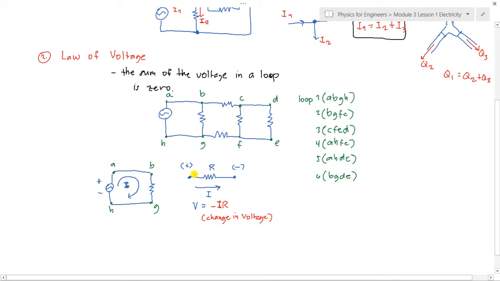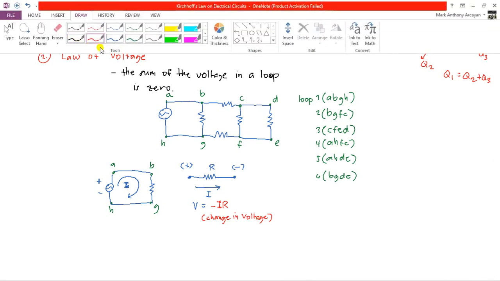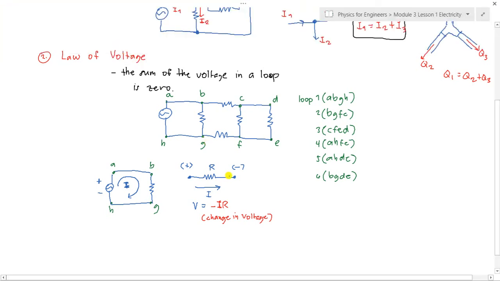Because if we analyze it using fluids, the positive side is considered the higher potential, where in fact we all know the concentration of electrons is at the negative. Based on the previous sign convention, we just assumed that the positive is at higher potential, let's say positive 5 volts.